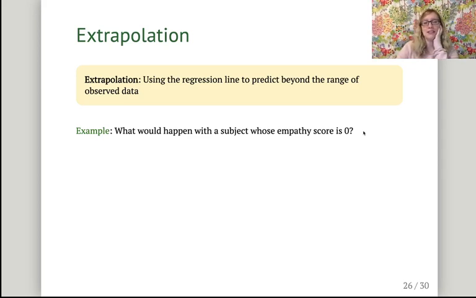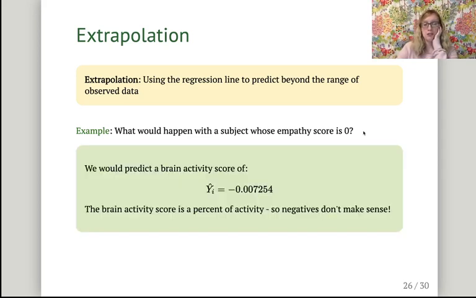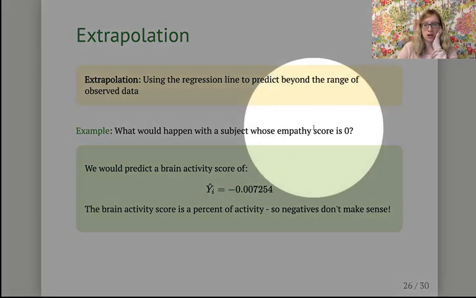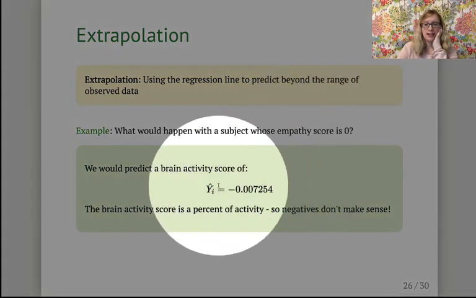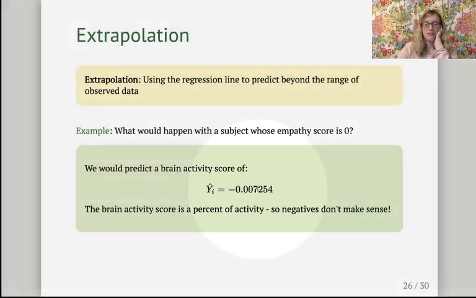How does that affect things? Well, we'll predict a brain activity score plugging 0 into x of negative 0.007. That's the problem. The reason that's a problem is because the brain activity score is a percent of activity when this person was actually being shocked themselves. Can't really have a negative percent of brain activity. So we're getting a prediction that doesn't make sense when we're extrapolating.